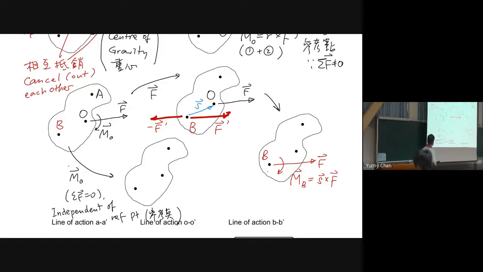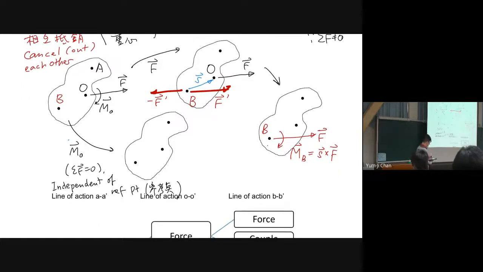My writing is not very good, but our MO can be moved directly to point B. We can move it directly from point O to point B, and we put it back into the system.